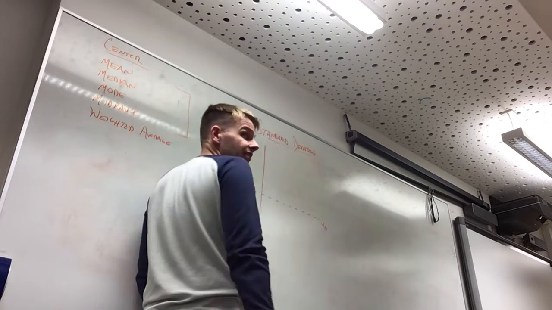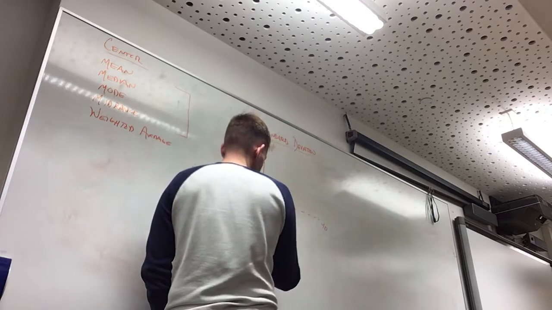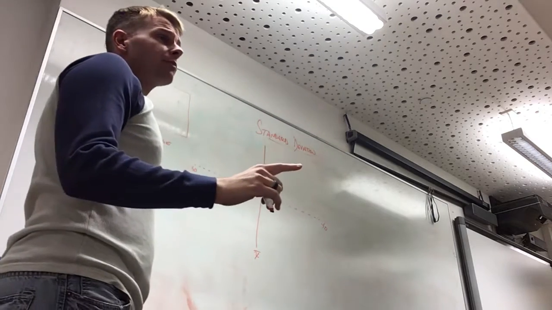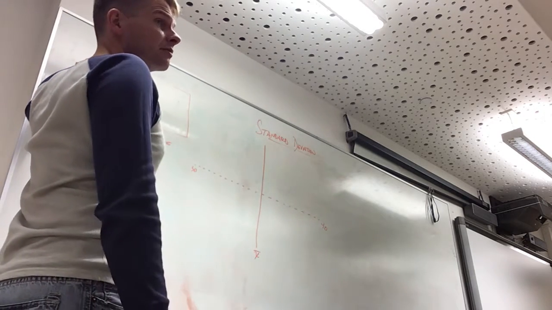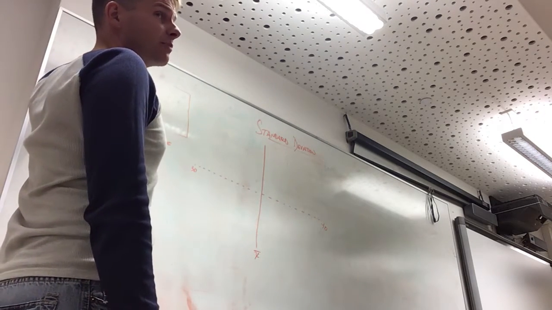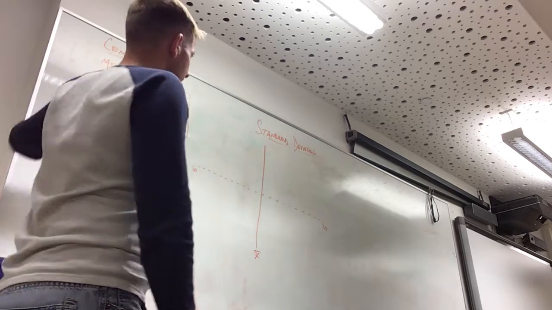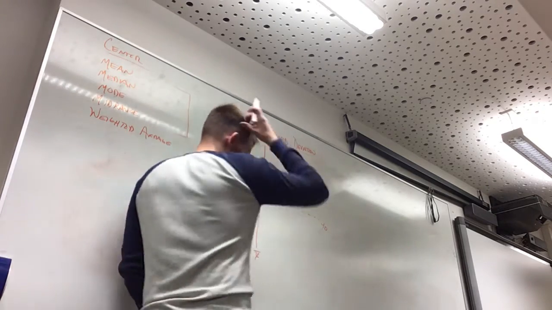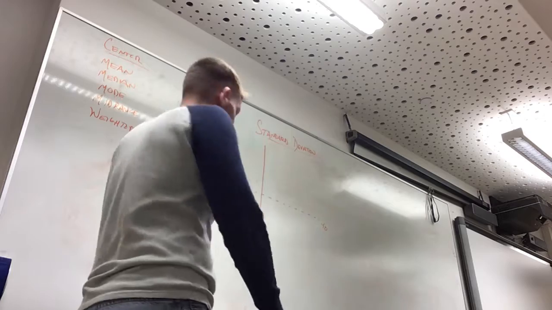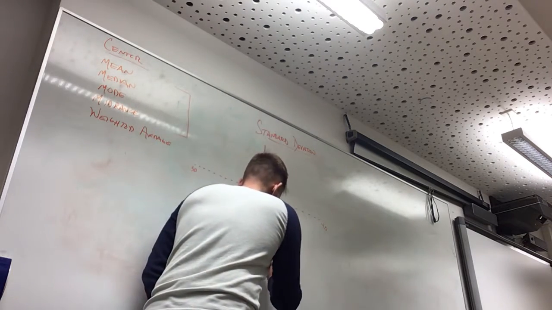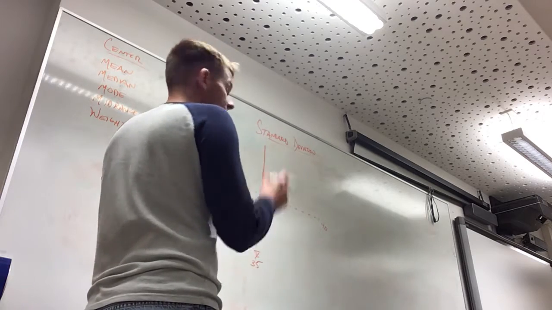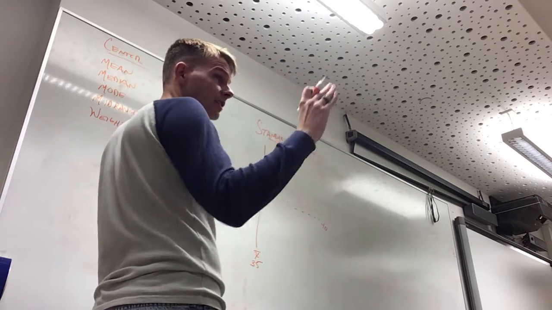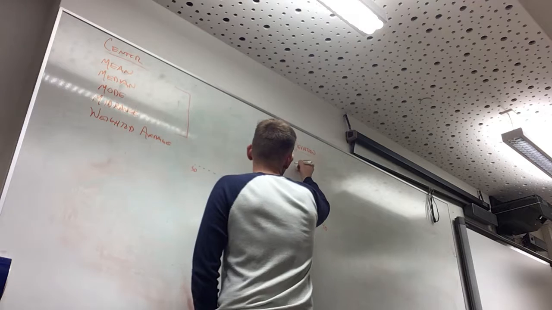This line here represents the x bar. What did we say the x bar was? It's the sample mean. We'll say it's 35. That means x bar is in the center of all the data, the average.